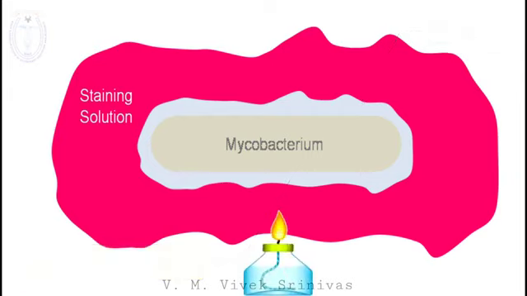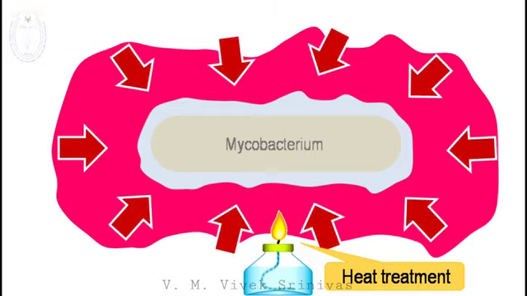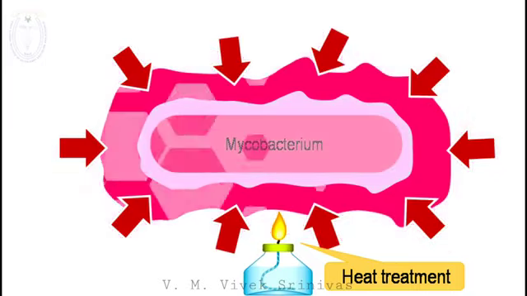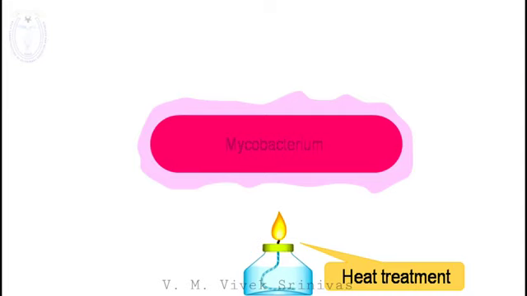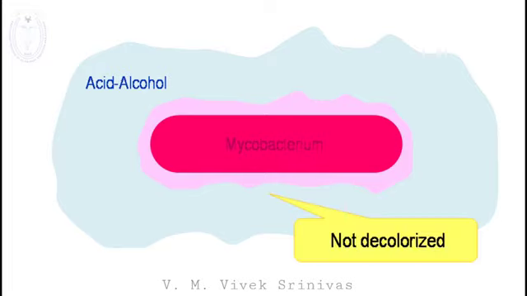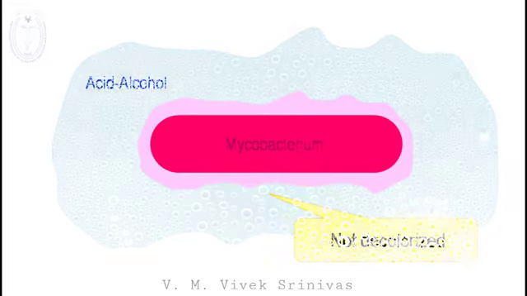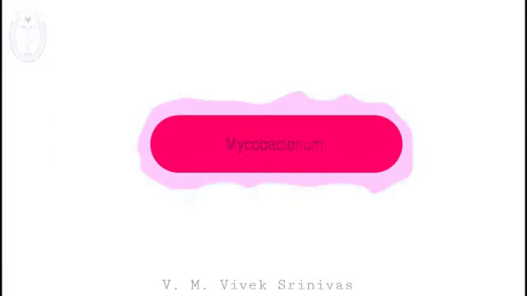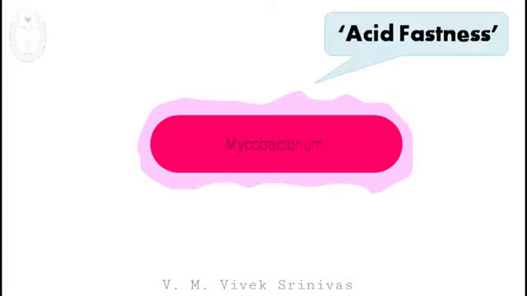But, along with continuous heat treatment, they take up the stain by passing through this lipoidal wall. Further, on application of the acid alcohol, the decolorizing agent, they are not decolorized, leaving the bacteria stained pink. This is called acid fastness. Such bacteria are called acid-fast bacteria.